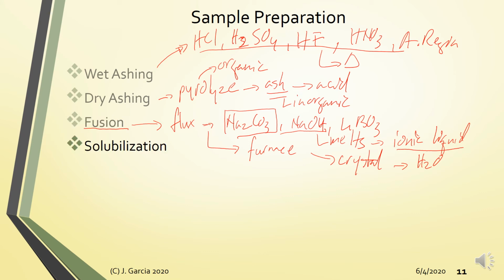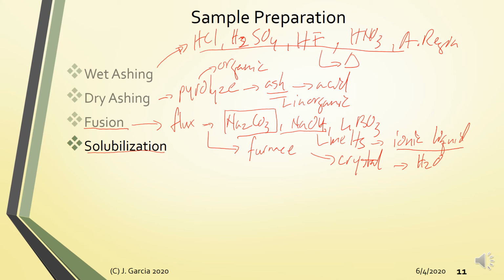Okay. Next, you have your solubilization. Solubilization is used for tissue samples, biological samples, wherein your analyte is actually trapped inside the cellular matrix. So you need to liberate your analyte from the cellular matrix.